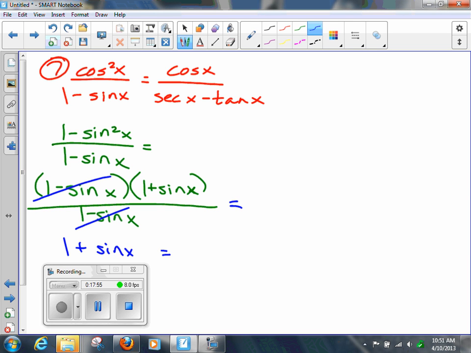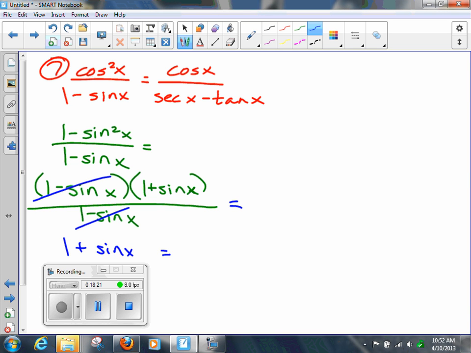Now, I don't know about you, but it's going to be a whole lot easier for me to get that right side to look like that 1 plus sine x than what it was above it. So now I'm going to go to work on the right side. Where do you think I'm going to go? You guys know my mind now.